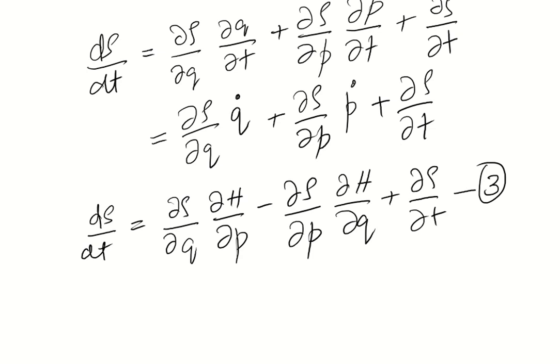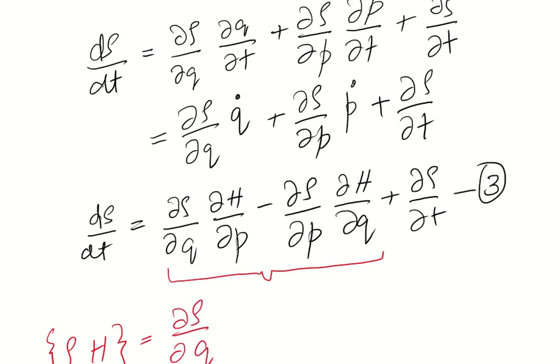Now if you remember the Hamiltonian formulation, then you know that this quantity here is basically a Poisson bracket between rho and H. A Poisson bracket between rho and H can be written as partial rho over partial q times partial H over partial p minus partial rho over partial p times partial H over partial q.